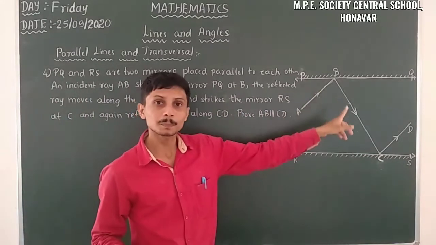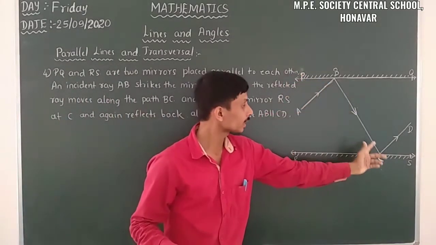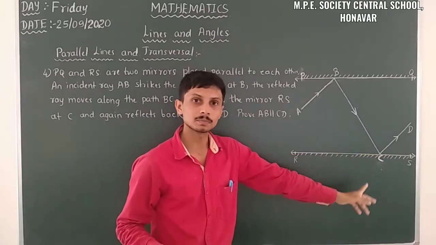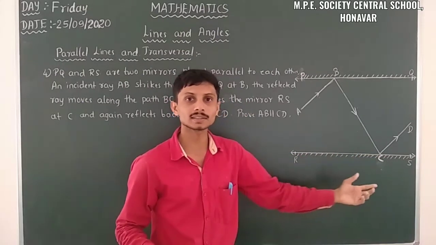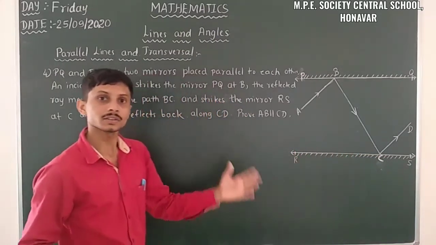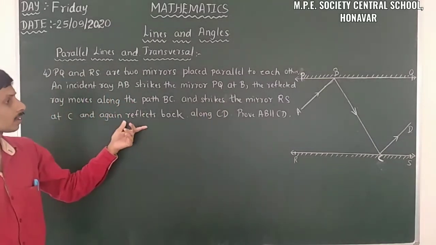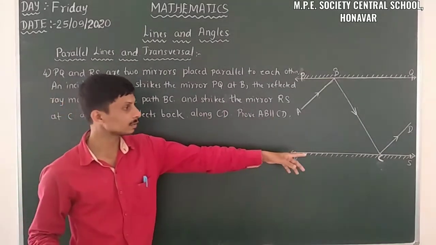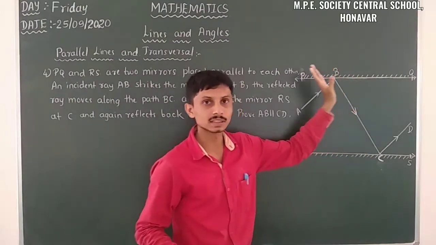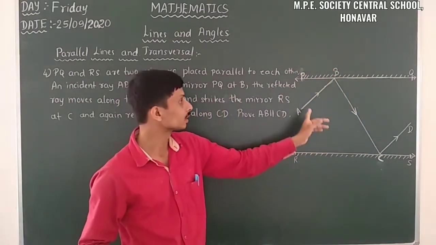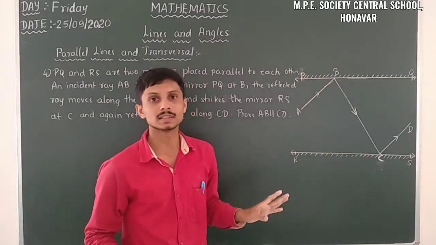So after reflection it takes the path BC and strikes the mirror RS at C, and it is reflected again back along CD. That means it moves along CD. So we have to prove that AB is parallel to CD.